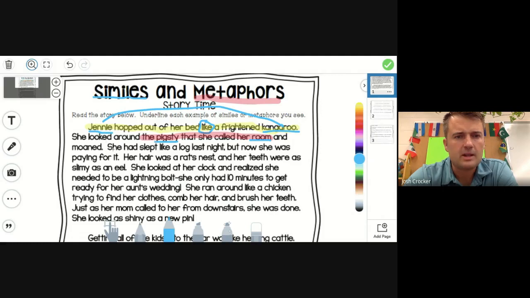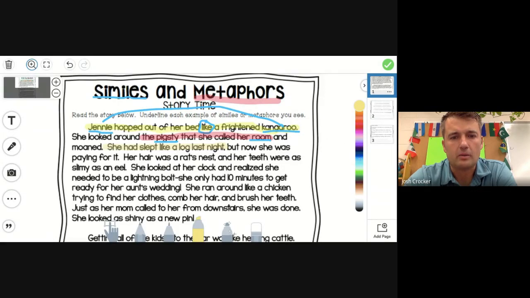Next sentence. "She had slept like a log last night, but now she was paying for it." Okay. So we made a comparison in there. What was the comparison? The two things that we compared were the way she slept and a log.